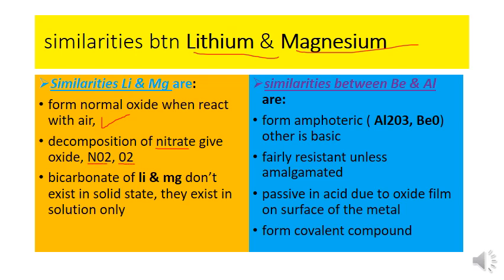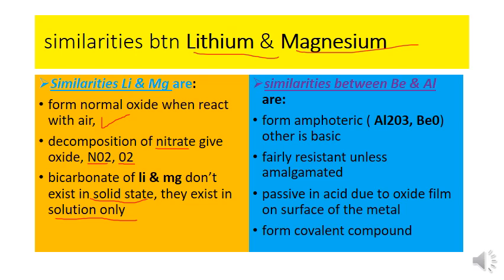Also, the bicarbonates don't exist in the solid state, but they exist in solution. This means that bicarbonates of lithium and magnesium exist only in solution. Those are the similarities between lithium and magnesium.